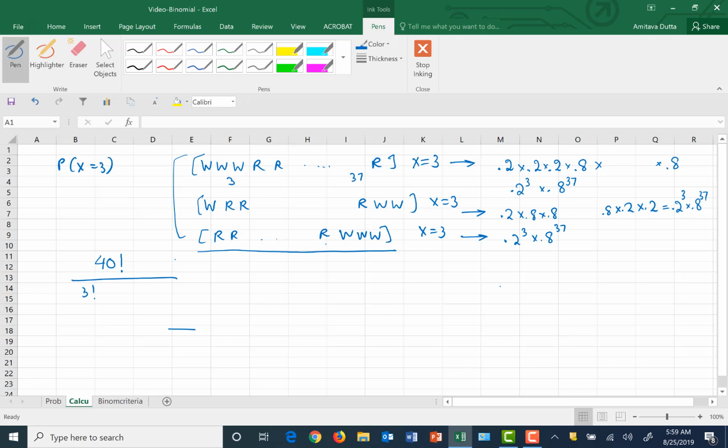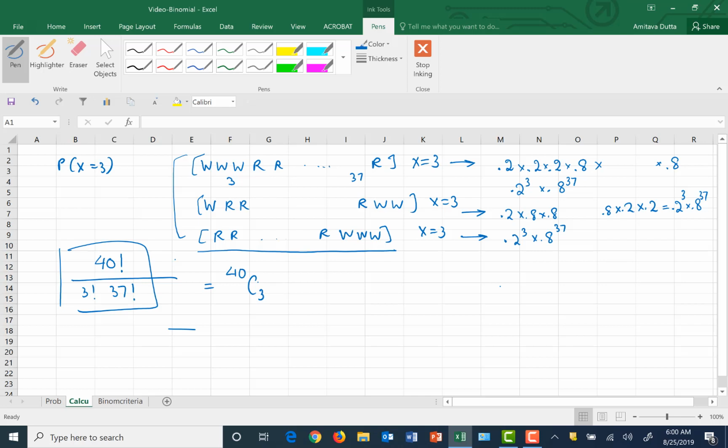And the 37 R's that remain, how many ways can I rearrange those? That's 37 factorial. So the number of distinct sequences that I can get that has 3 W's and 37 R's is this number, and you should immediately recognize this as 40C3.